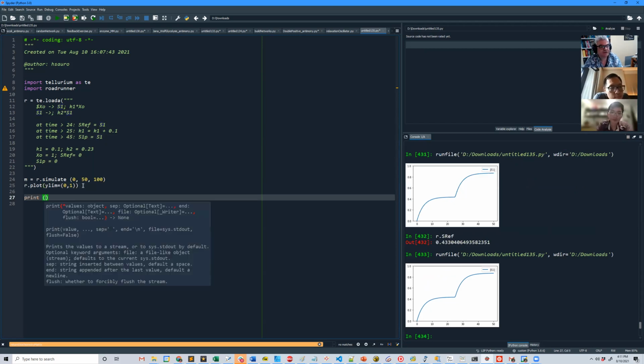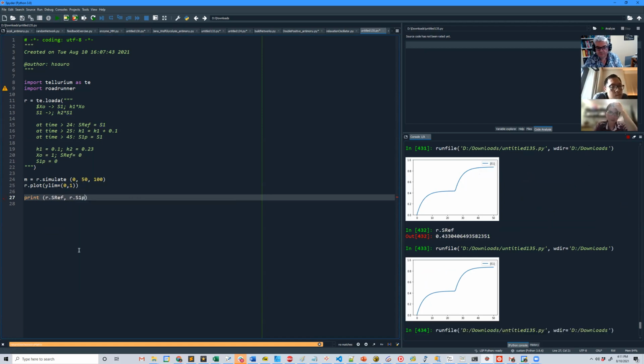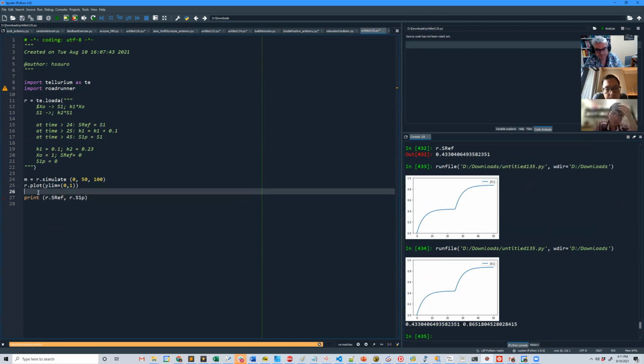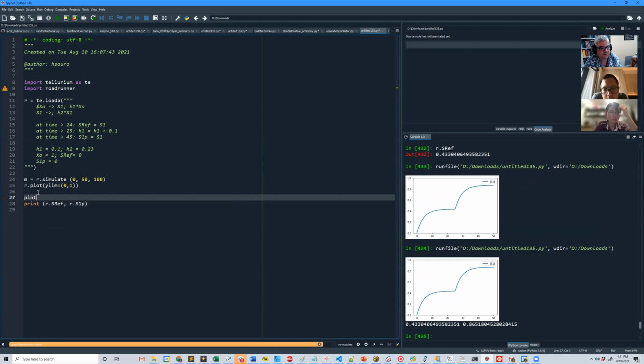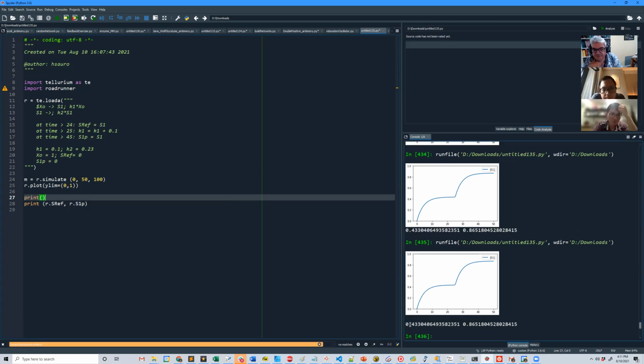Shall we print sref? Oops, got to get the spelling right. And S1P. There we go. Okay, so you can see. Can you see these numbers? Yep. I'll give you a little gap here. I print these 2 numbers. So that's before the perturbation. That's after the perturbation, right?